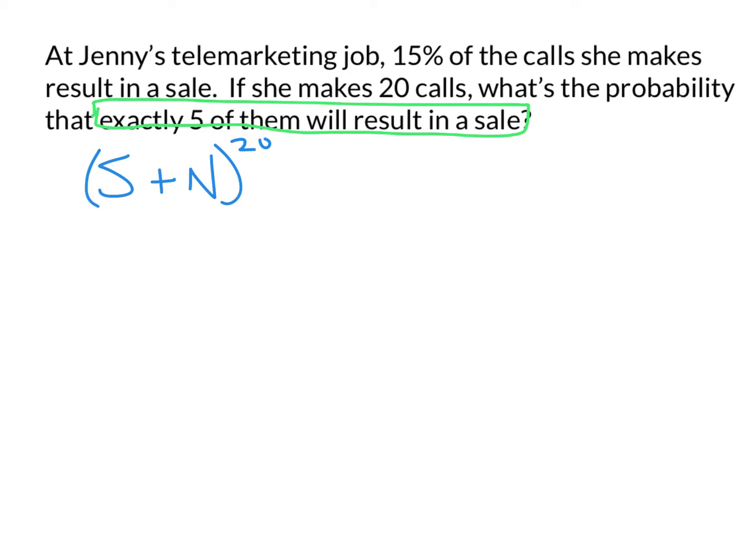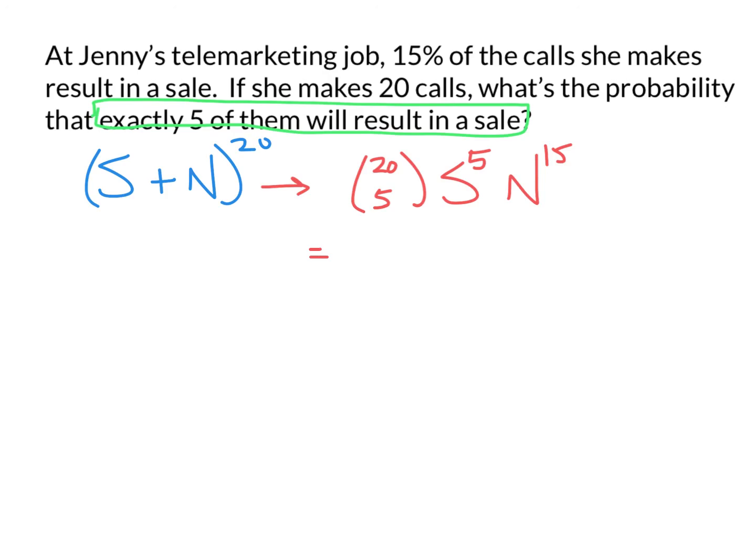So the term that we're looking for is going to have exactly 5 sales, which would mean that there would be 15 of them that are not sales. So our coefficient for this term would be 20 choose 5. So we can just zero in on that one particular term to speed this process up.